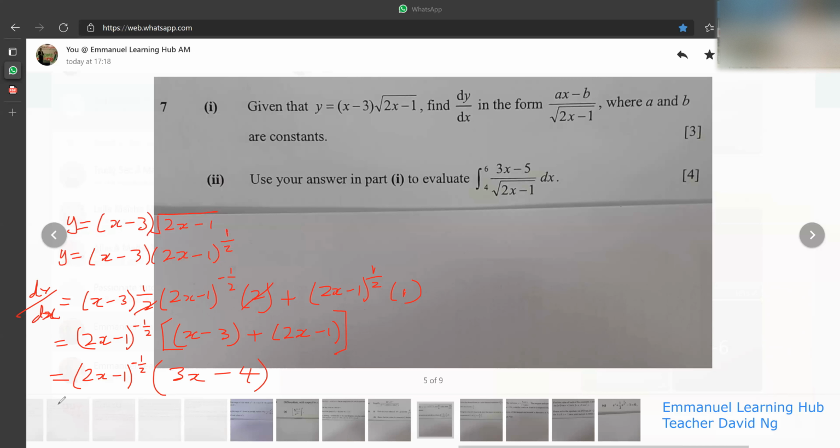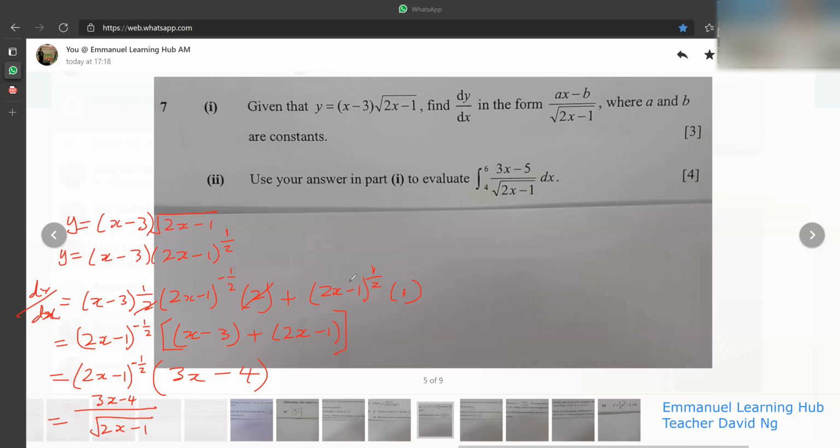So you have 3x minus 4 over square root of 2x minus 1. Because negative half power, I become denominator, it becomes positive half power. So I end up with this. So isn't this in the form of ax minus b? Oh, you got that, right?